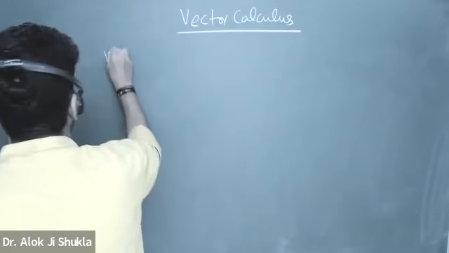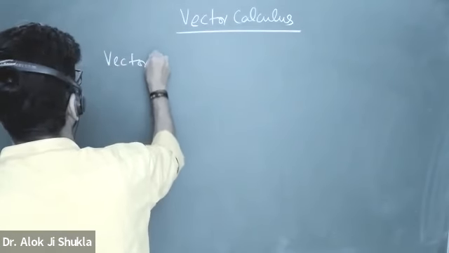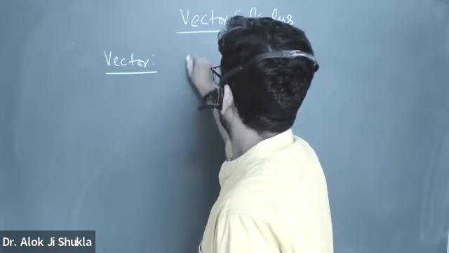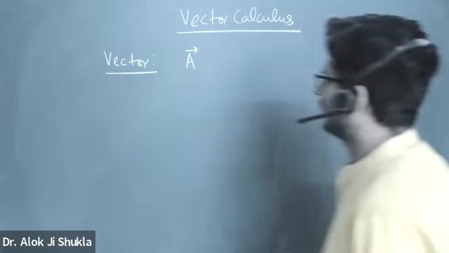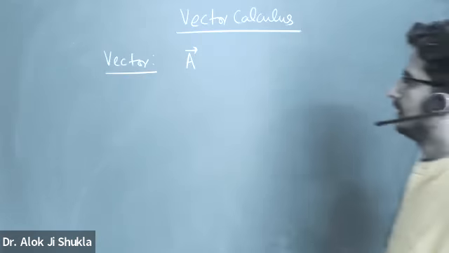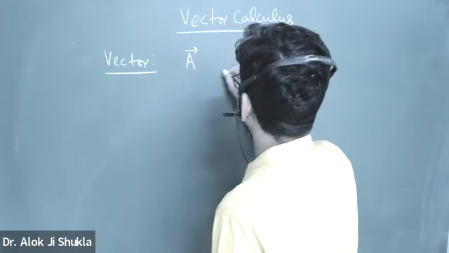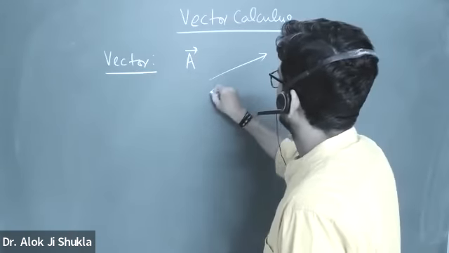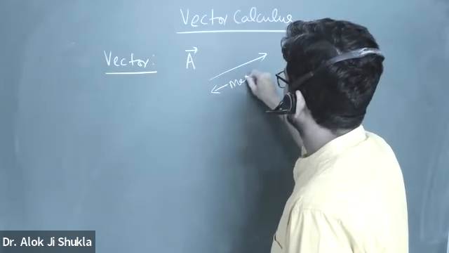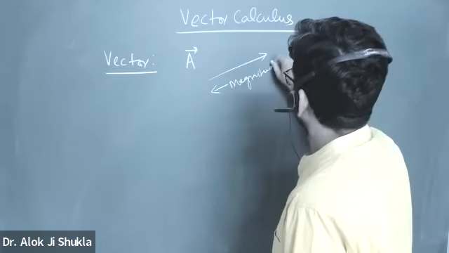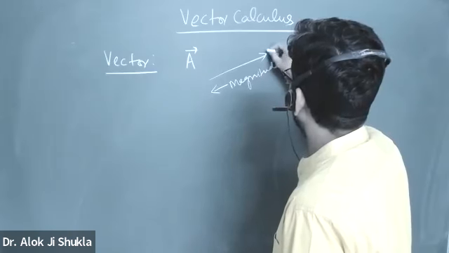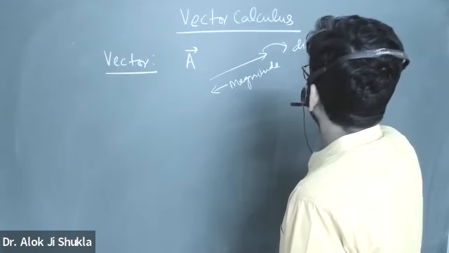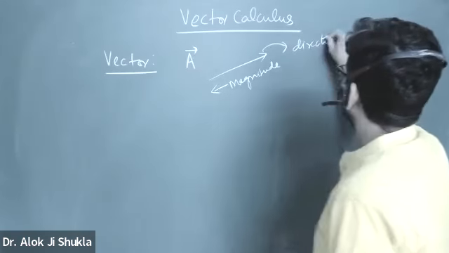So to begin with, if I just take a vector, it is like A, this is a vector quantity, and a vector can be represented by just a line. This length is the magnitude and this head is the direction.